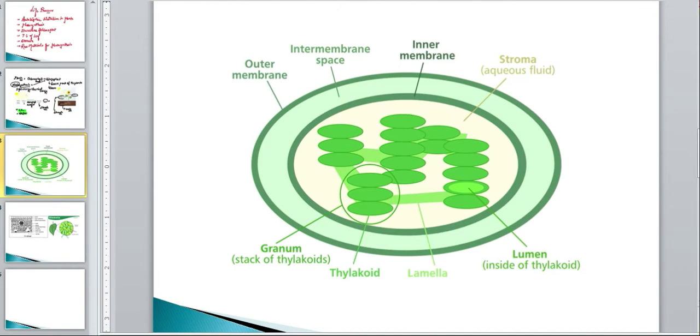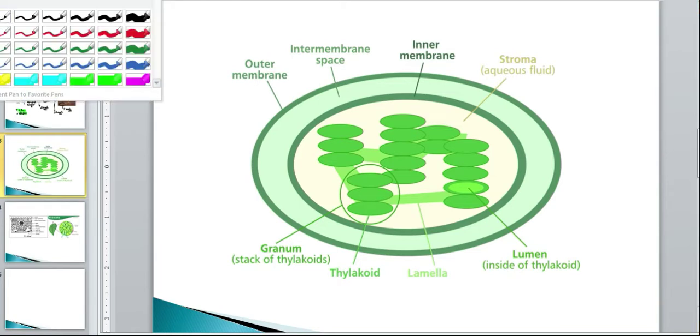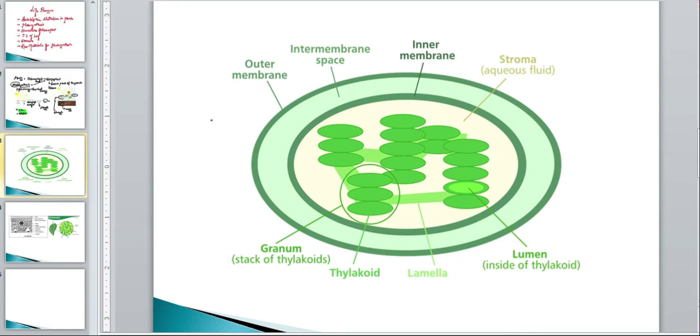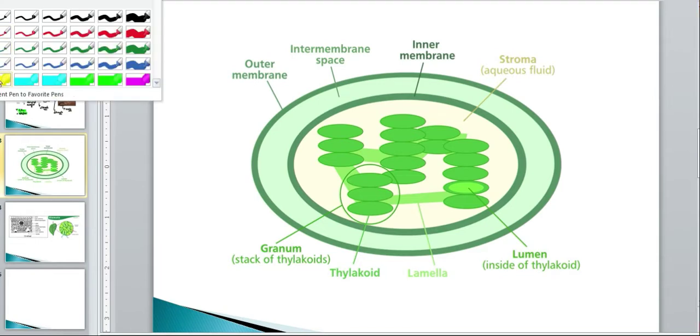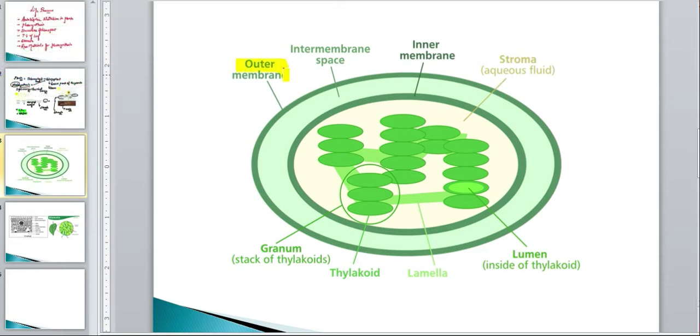When we discuss photosynthesis, we have to discuss the structure of the chloroplast as well, because that is the region where the photosynthesis occurs. Let us see the structure. This is the outer membrane as labeled here. Let me highlight it. This is the outer membrane.